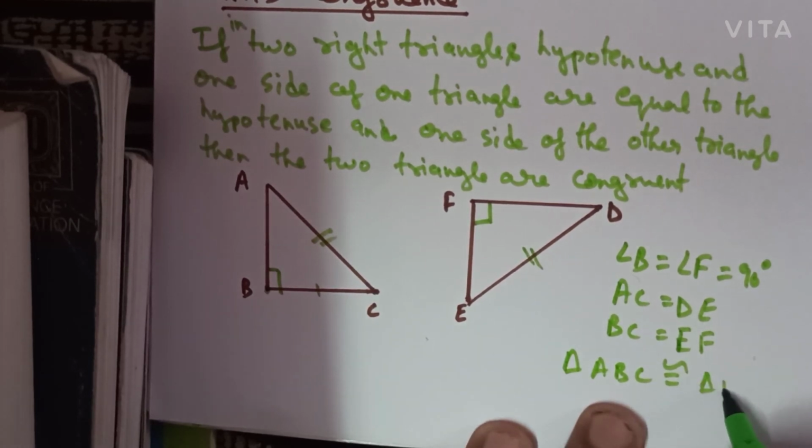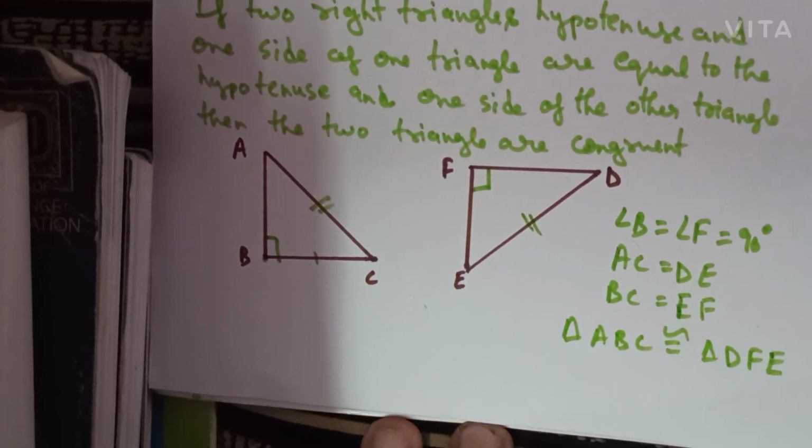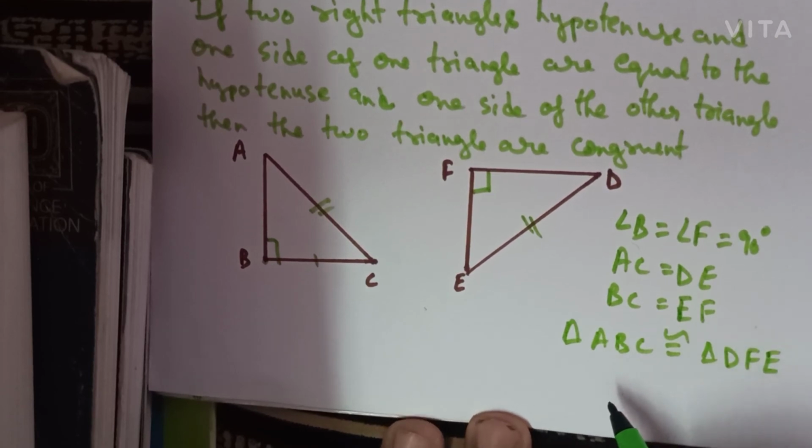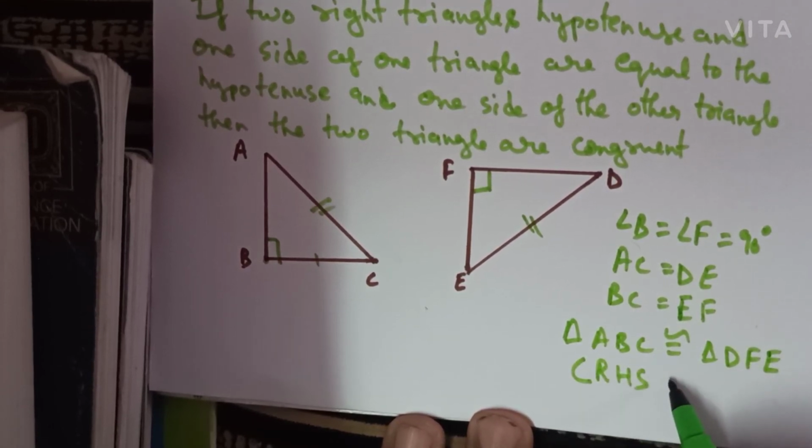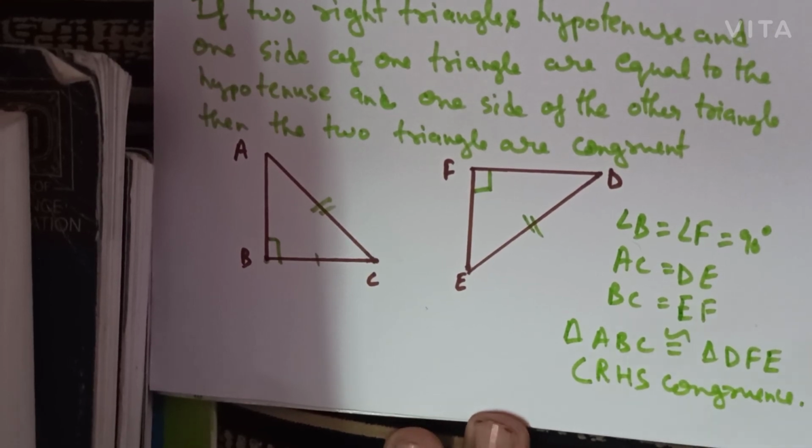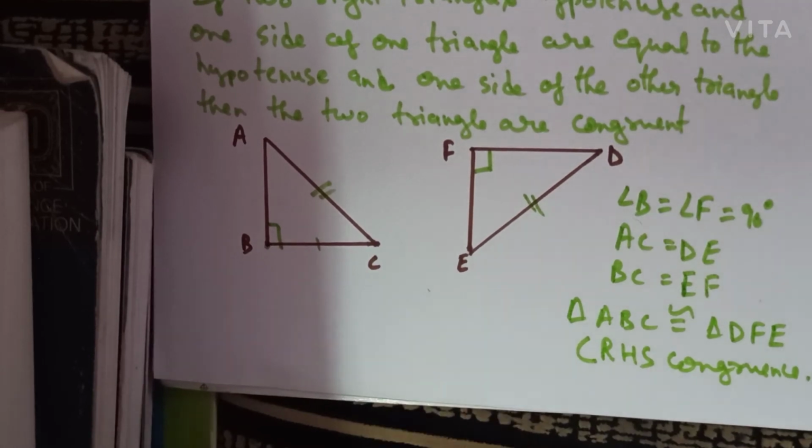We have to make sure that the corresponding vertices match. So this is the RHS congruence condition.